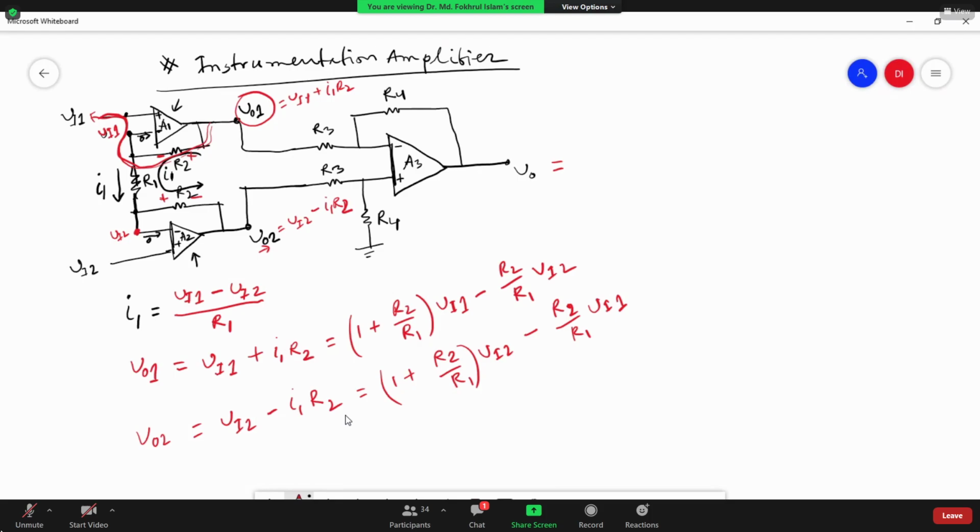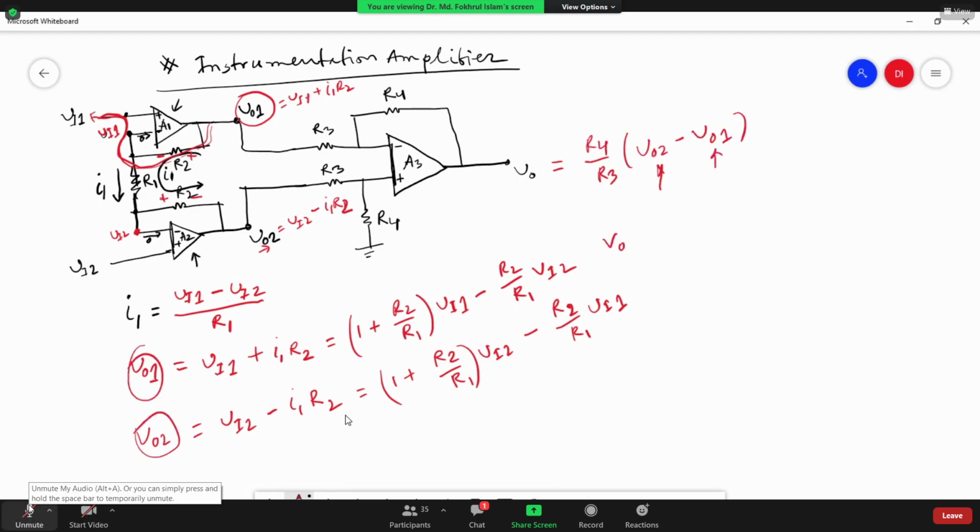If you put the values of these two here, the resultant V0 will be R4 by R3 into 1 plus 2 R2 divided by R1, into VI2 minus VI1.